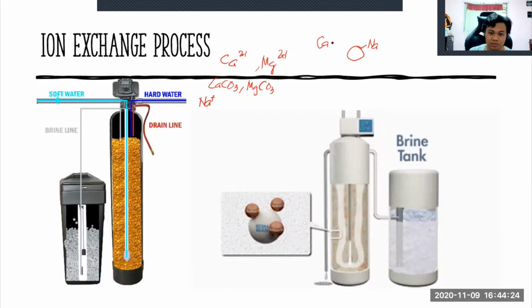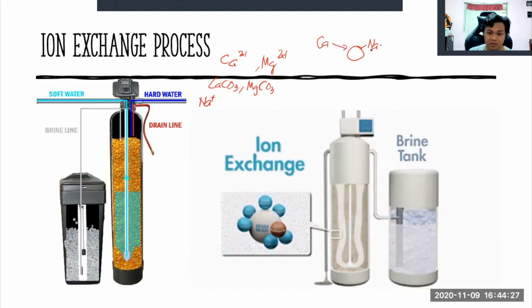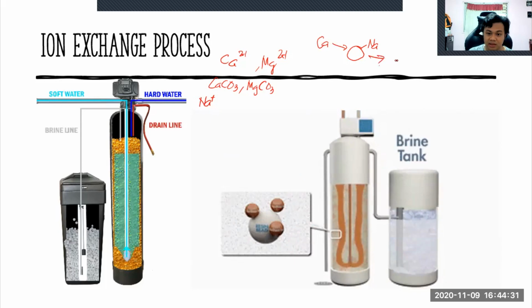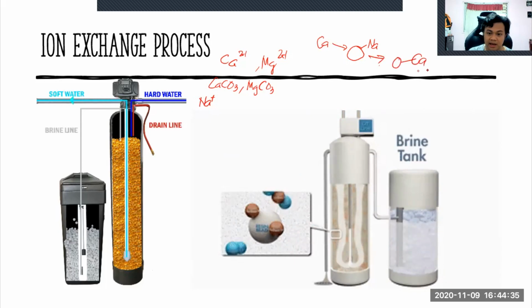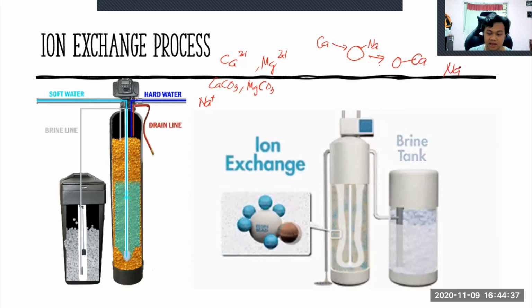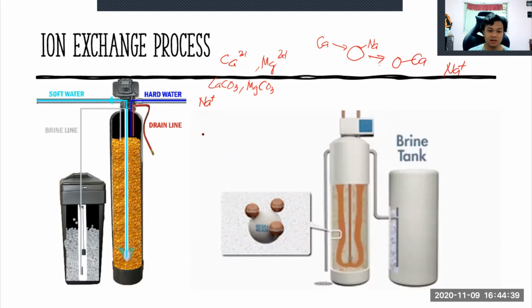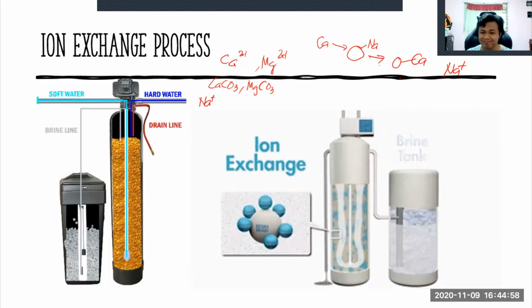So calcium goes through here, and then sodium leaves. So now it becomes Ca here, and then the sodium ions will go with your water, making it soft water, and then it will not clog your pipings in your plant. So it will not clog anymore.